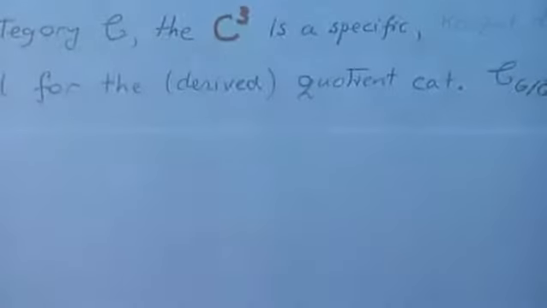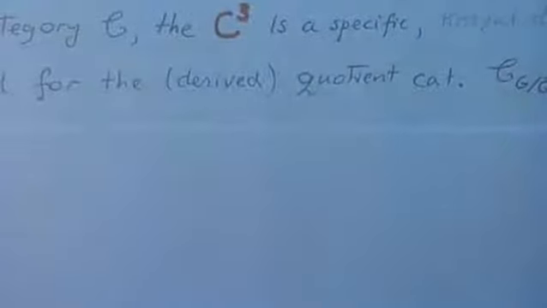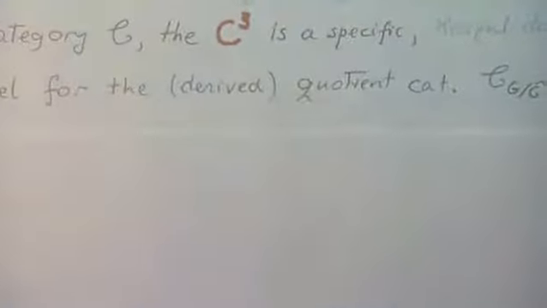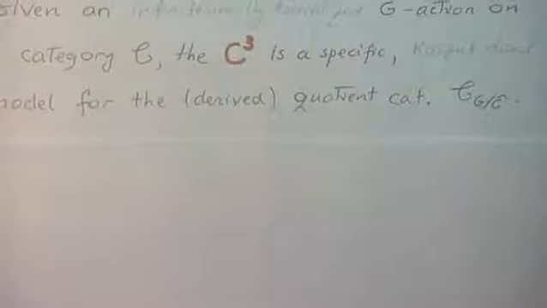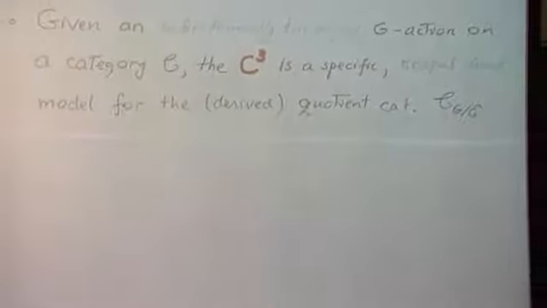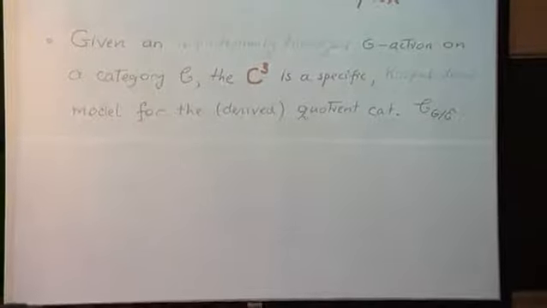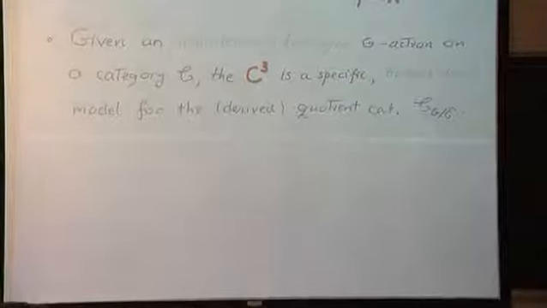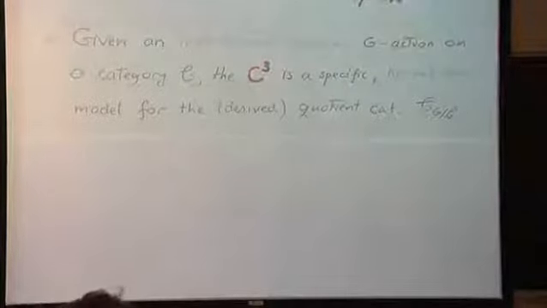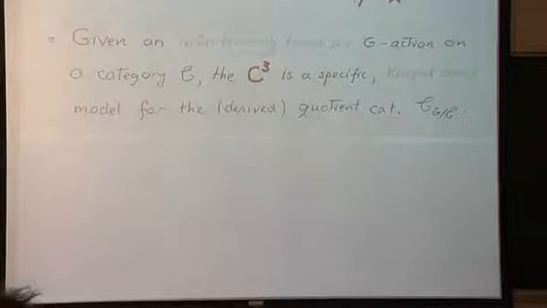So we're starting with a compact Lie group G and an infinitesimally trivialized G action on a category C. I'm going to apply it to a locally trivial action, which is a stronger condition, but all you need to run the construction is the infinitesimally trivialized condition.